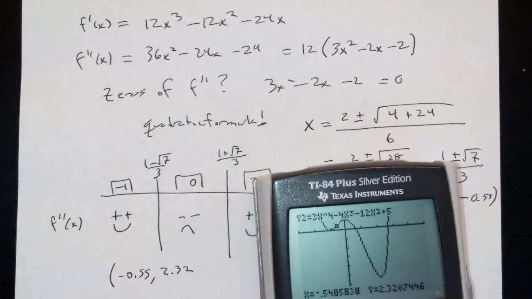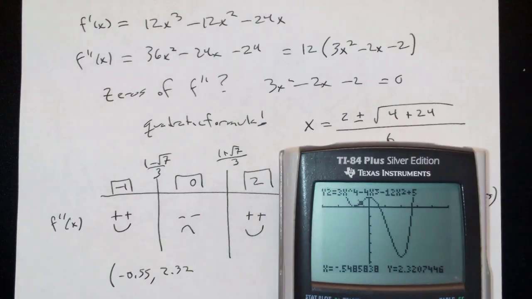And look at where we are on the graph. We're between a section curving upward and a section curving downward. Similarly, if I do 1 plus square root of 7 over 3, I'm between a section curving downward and a section curving upward.